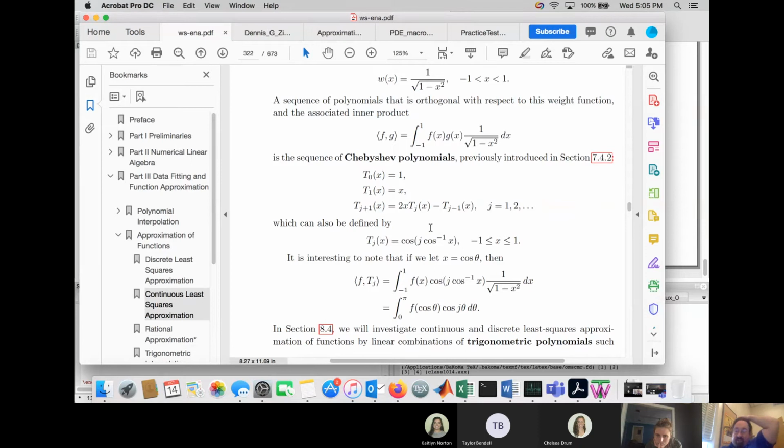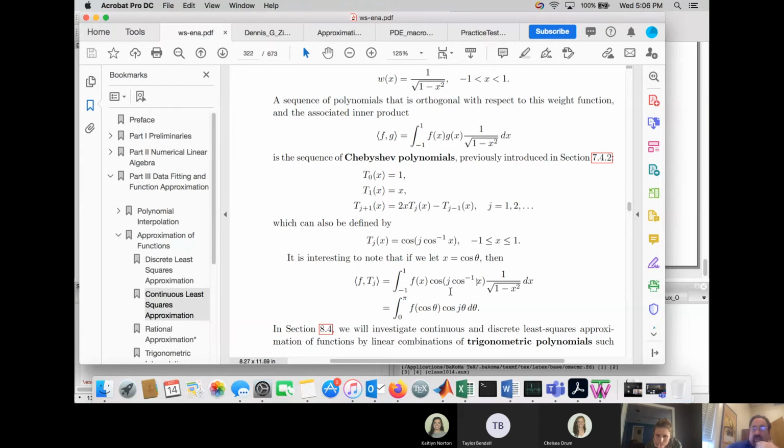But what's interesting is when you're computing inner products of f with a Chebyshev polynomial, like you see here, and you include the weight function, then if you make a u substitution in the integral, x equals cosine theta, then this Chebyshev polynomial just becomes cosine of j theta, and the integral simplifies considerably under this change of variable.